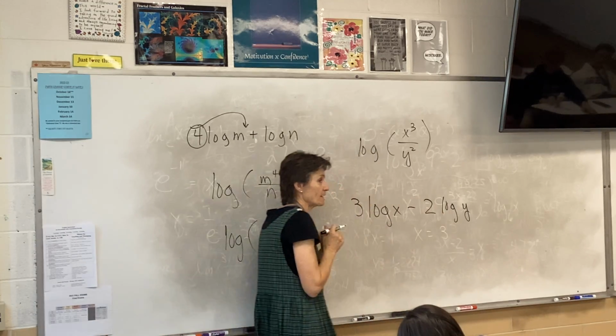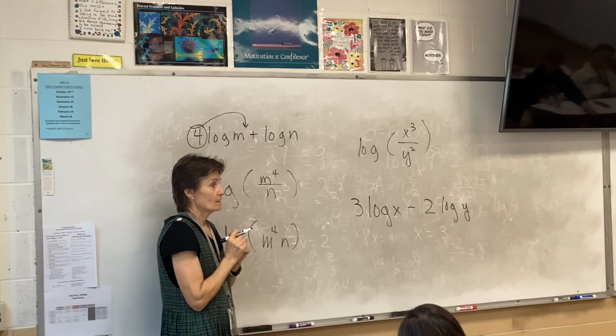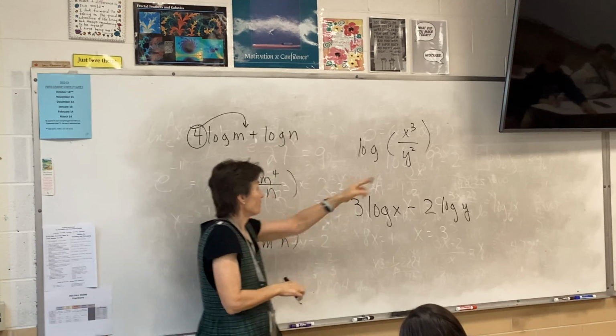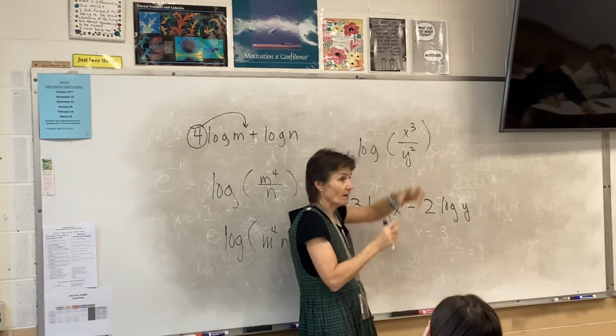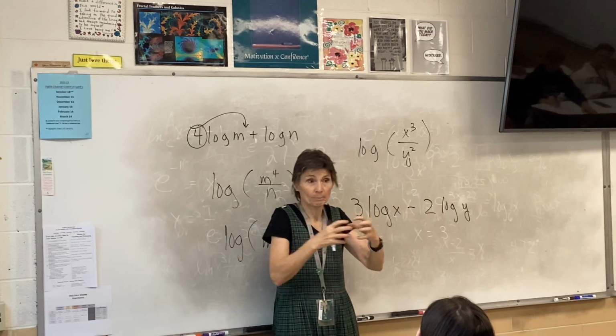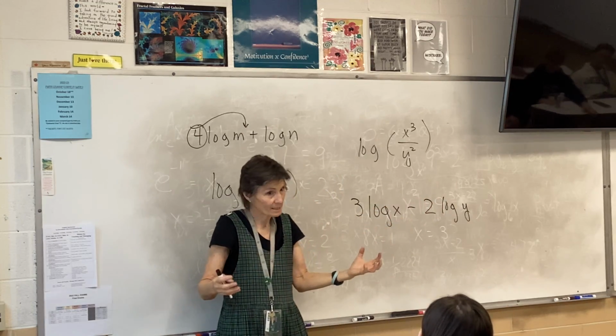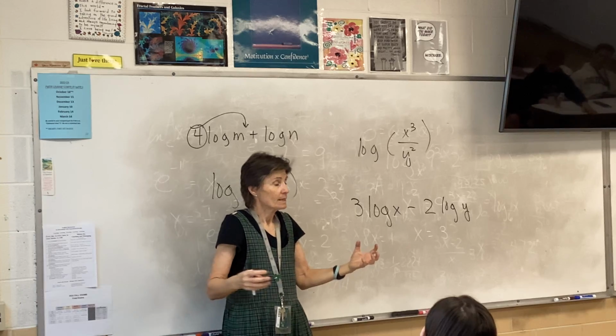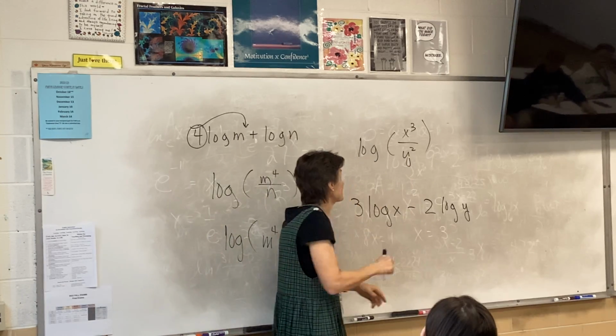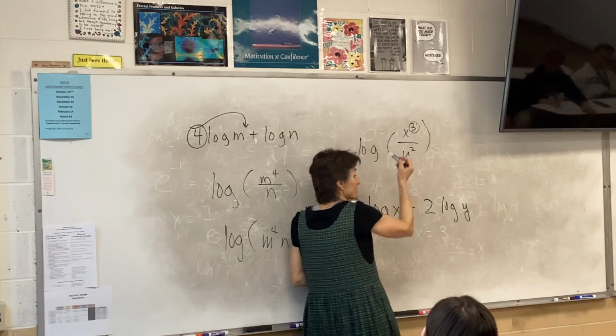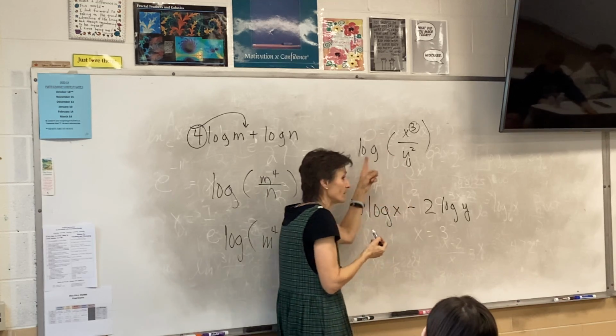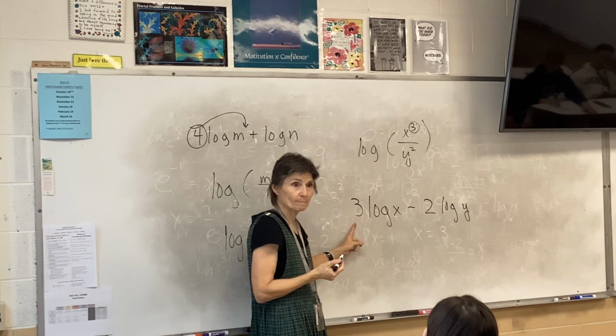What do the rest of you think about that? Okay, why is it a minus? Because this was a divide, and when you pull it apart, you're gonna pull it apart as a plus or a minus. Since it's a divide, it's a minus. These guys are exponents, so where do they go? Out in front of their logarithm.